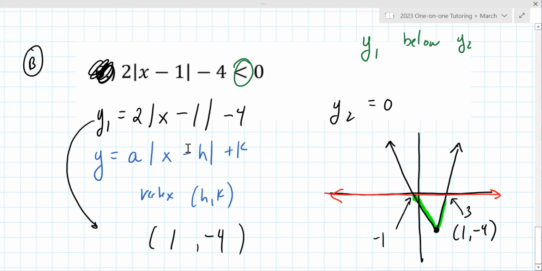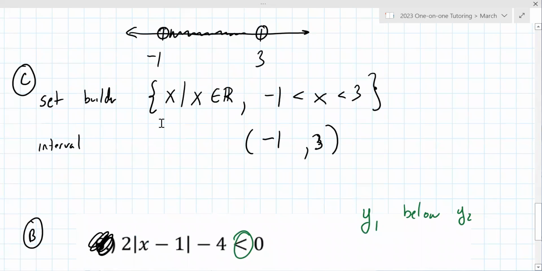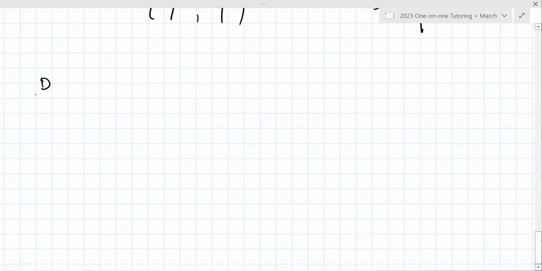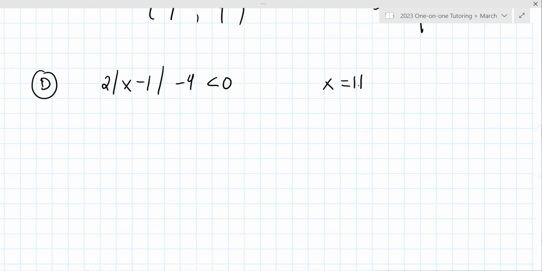To do part D, we probably should have done that, but you said you'd like to do it from the original. So it's 2 absolute value x minus 1 minus 4 less than 0. You're putting 11 in for x.